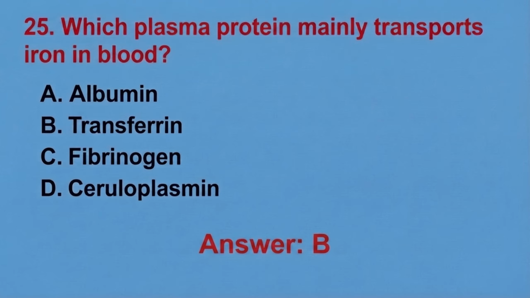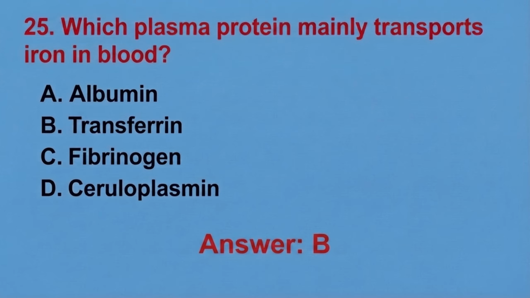Option A, albumin. Albumin transports many substances, including drugs and hormones, but it is not the primary iron transport protein. Then why is option C wrong? Fibrinogen functions in blood clotting and has no major role in iron transport.